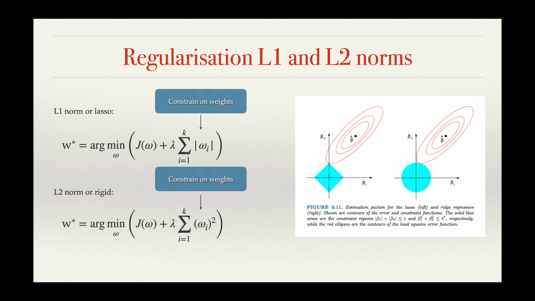What would happen at the end? The model would look for the optimum weights that minimize the cost, but at the same time it would try, especially in this case as we'll see here, to make most of the weights equal to 0.